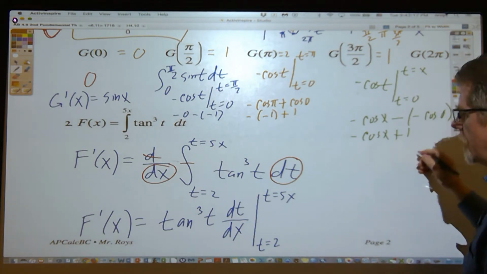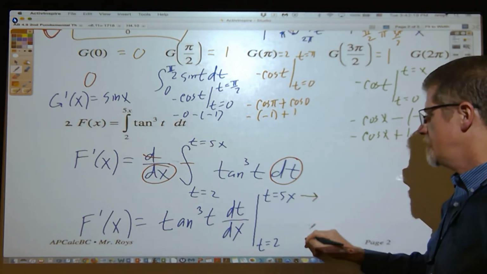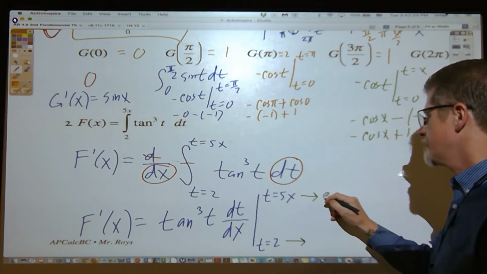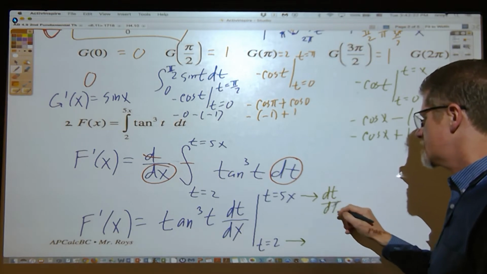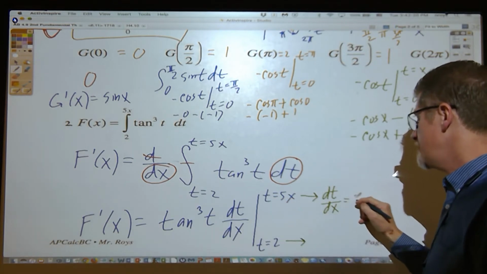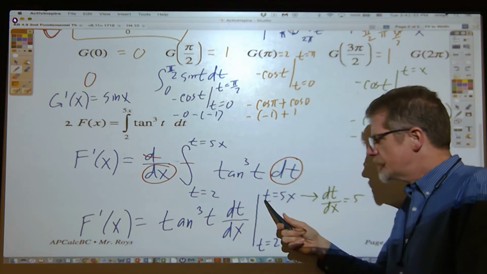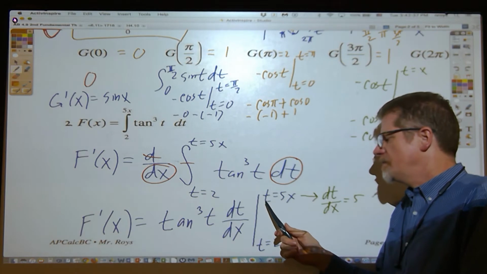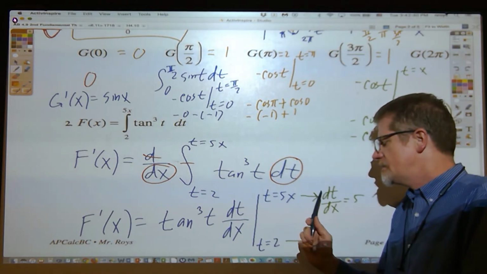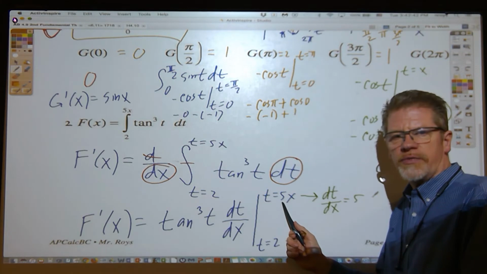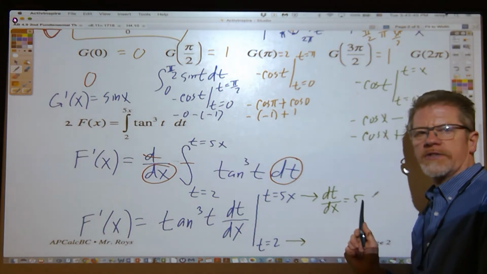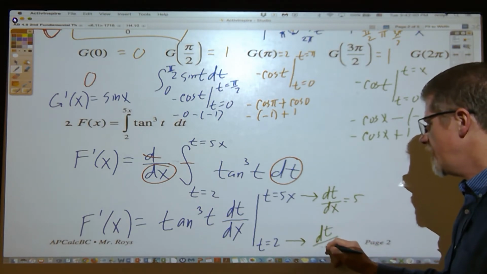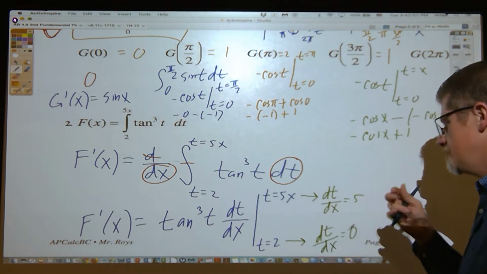I think you'll remember to do that most easily if you always write an arrow here. Look, if t is equal to 5x, then the corresponding value of dt dx would be 5. Where did I get that? I just took the derivative of both sides of this equation. The derivative with respect to x of t is dt dx, and the derivative with respect to x of 5x is 5. Likewise, if t is equal to 2, the corresponding value of dt dx is 0.